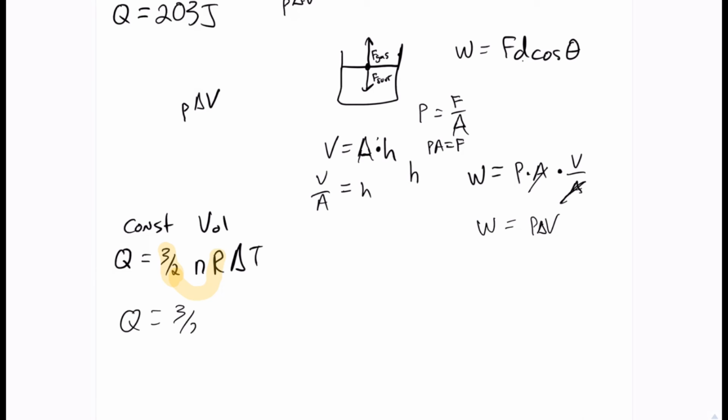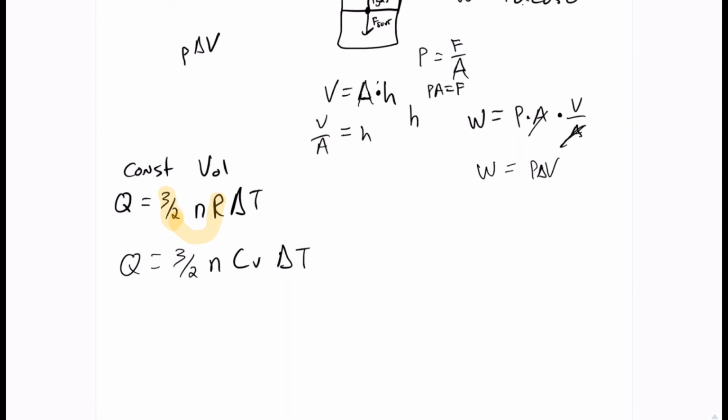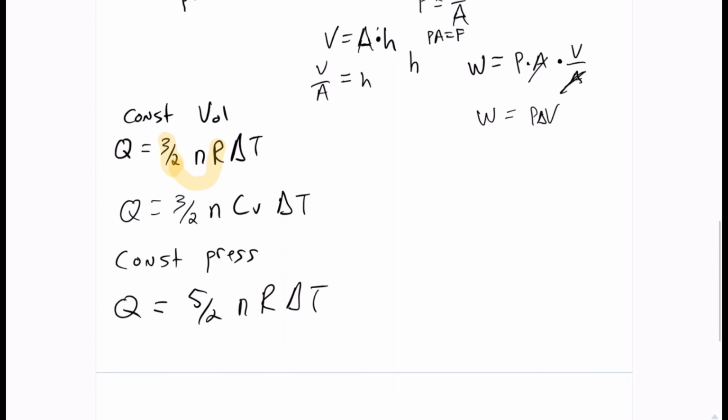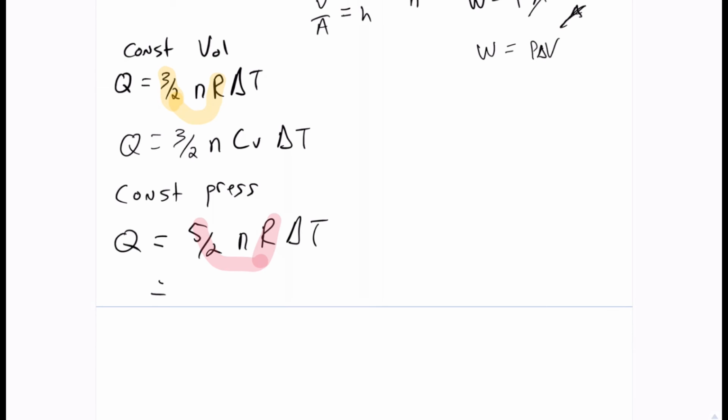And so that's going to give us an equation that will look like this. Q equals n CV delta T. And for the constant pressure, we had Q equals 5/2 nR delta T. And so for this, we can have another convenient constant, and that's going to be CP.